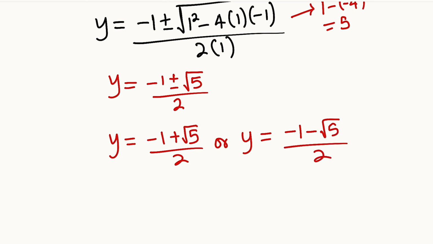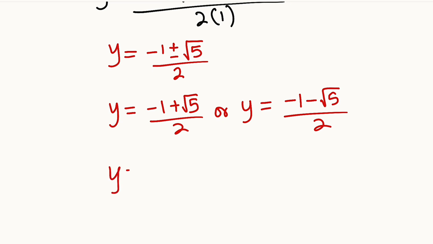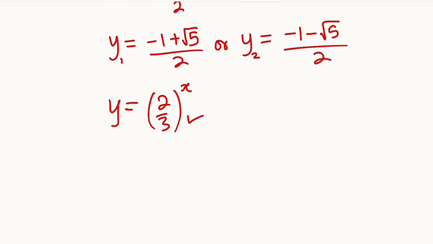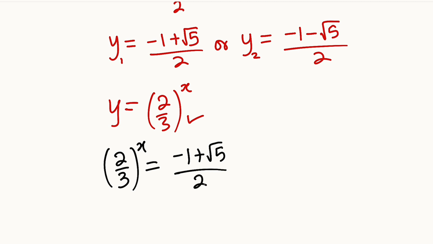But remember, we substituted y as 2 divided by 3 all to the power of x. That is what we need to bring back. So we have two values of y. We have one here and we have the other one here. We are going to relate each with this equation right here. All right. So for y1, we have that 2 divided by 3 to the power of x can be our first y here, which is negative 1 plus square root of 5 divided by 2.